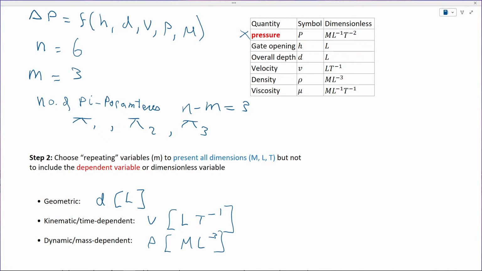Pi 2 will have D, V, rho, and the height, the gate opening. Pi 3 will have D, V, rho, and what? The viscosity. Yeah, that's why they are called repeating variables. And each of the remaining variables, this one will go here, this one will go here, and this one will go here. Simple stuff, yeah?